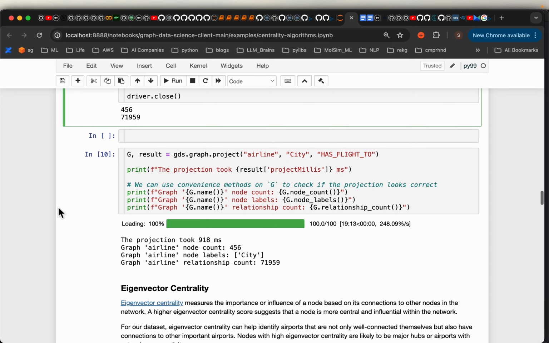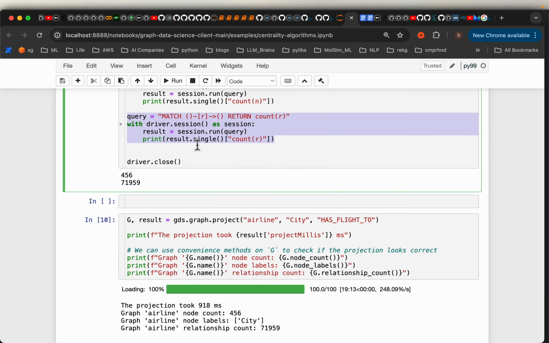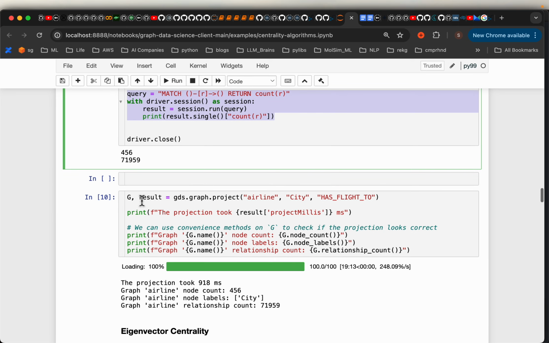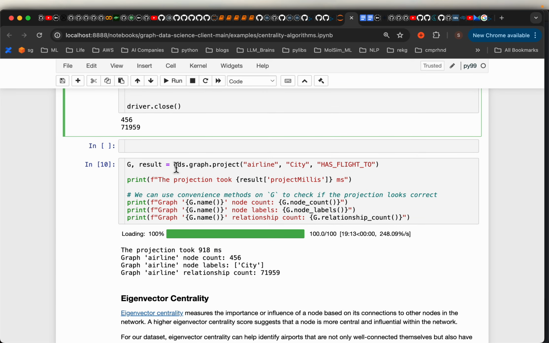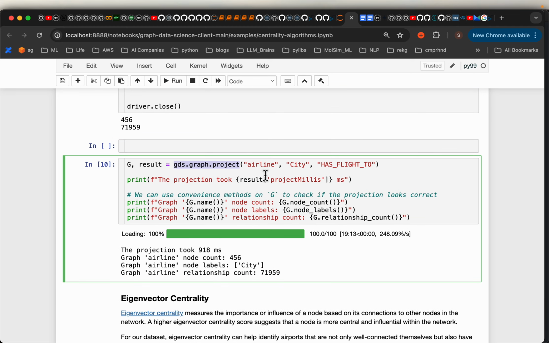All right. Now this data is in the database. Now to do the analysis quickly, we need to load the data into memory, which is called projecting the graph. All right. So here we are creating a projection.